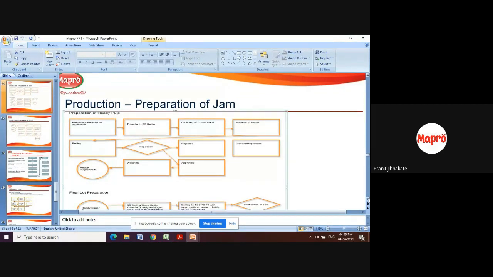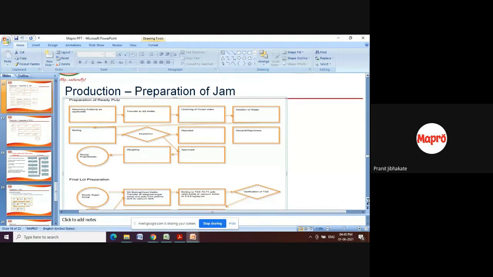Okay, so it should be 45%. As I told you earlier, it should be 45% except for strawberries, raspberry, passion fruit. So we take 45% of fruit pulp. We add sugar syrup in it.